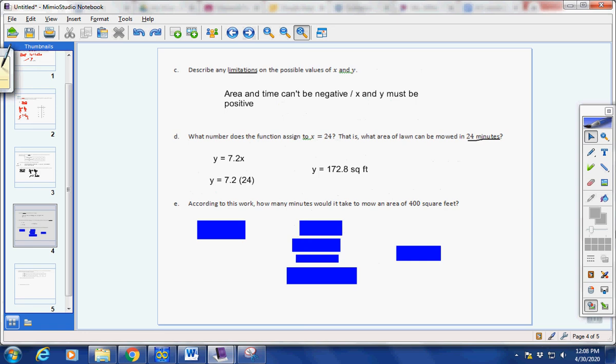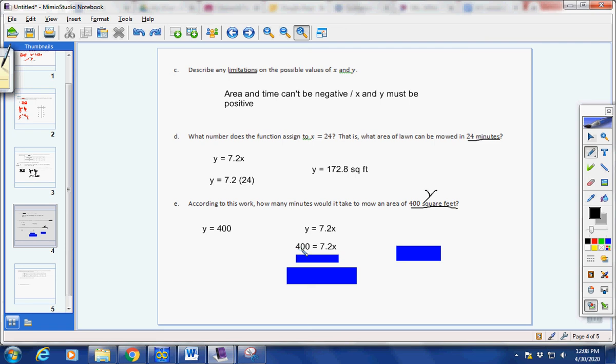Now, with that idea, according to this work, how many minutes would it take to mow an area of 400 square feet? That's going to be our y, because it's square feet. So we're going to use our same formula, but this time we're going to say y is 400. So when you plug this in, you're plugging 400 in for y. And then we can solve that equation.